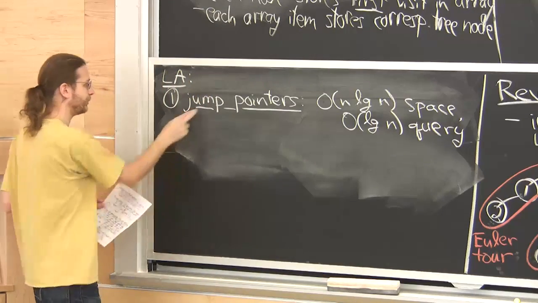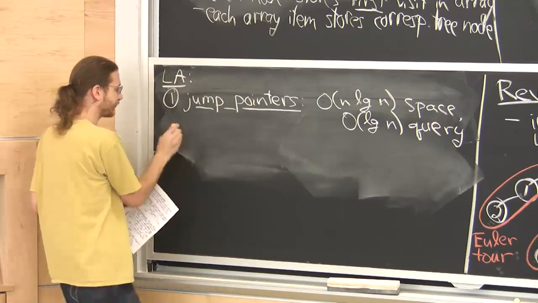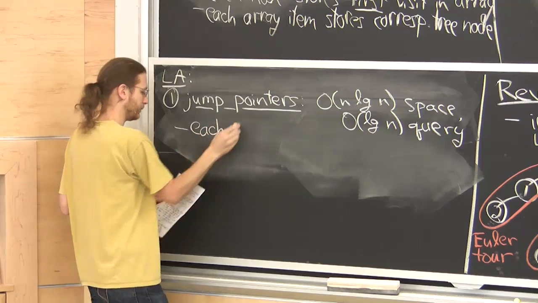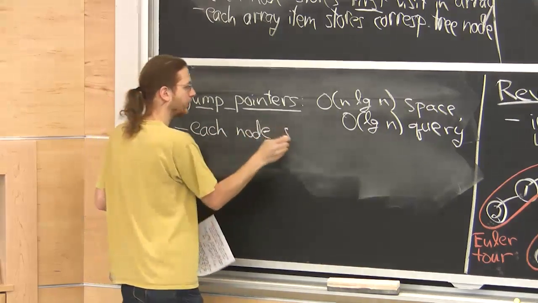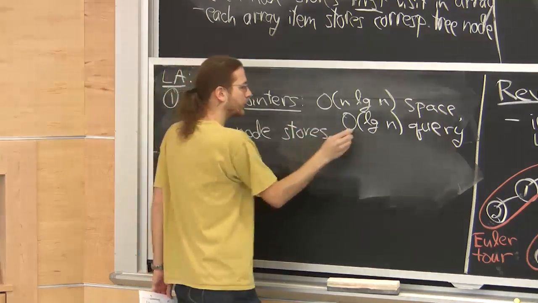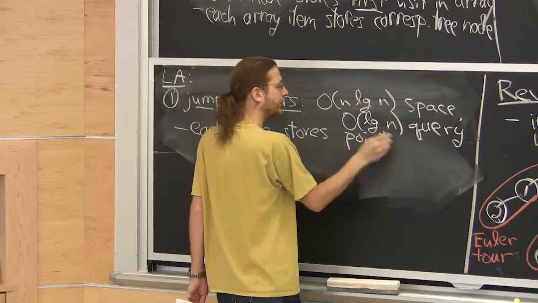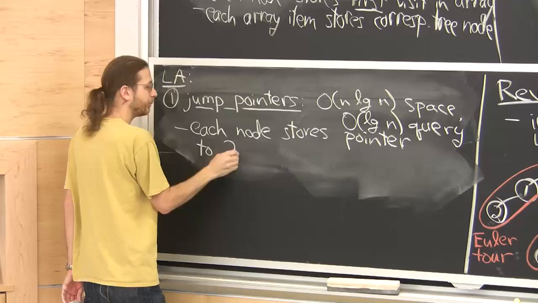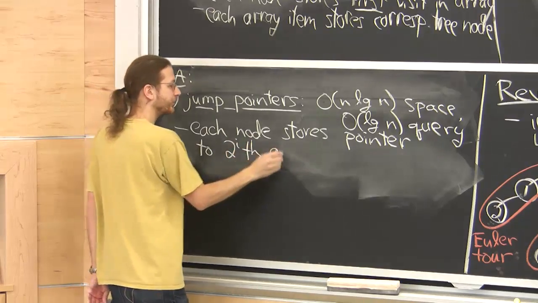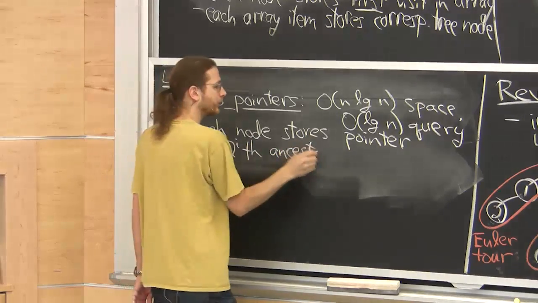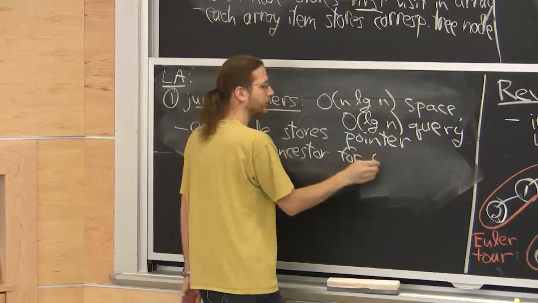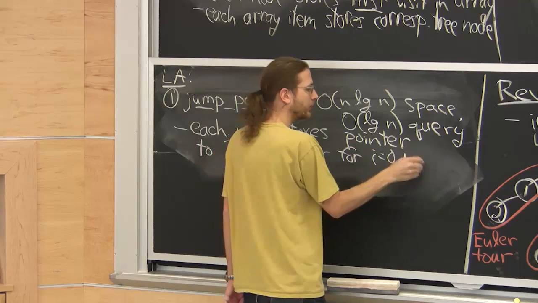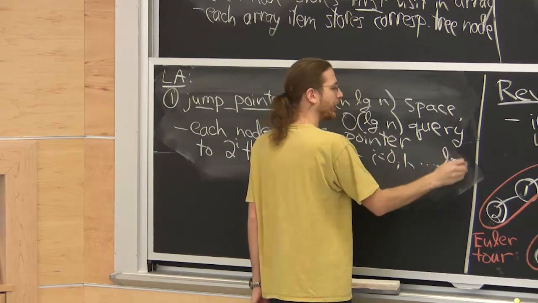So here's a way to do it with the technique called jump pointers. In this case, nodes are going to have log n different pointers, and they're going to point to the 2 to the ith ancestor for all i. I guess the maximum possible i would be log n.